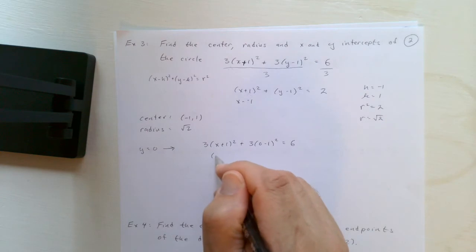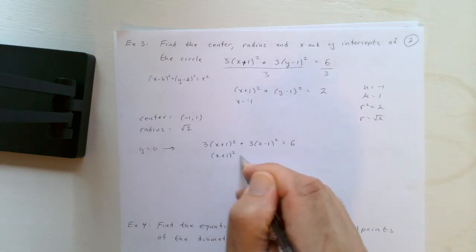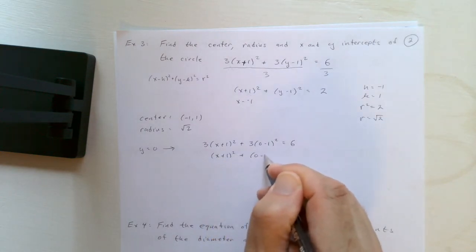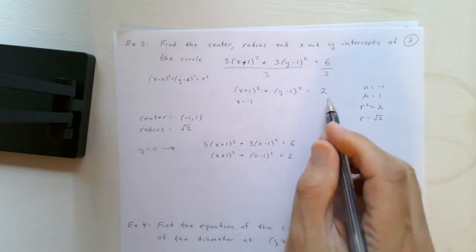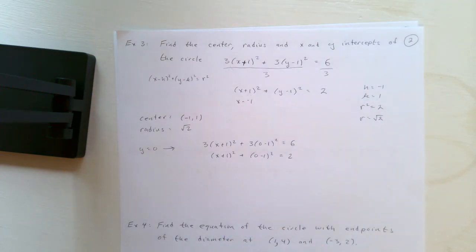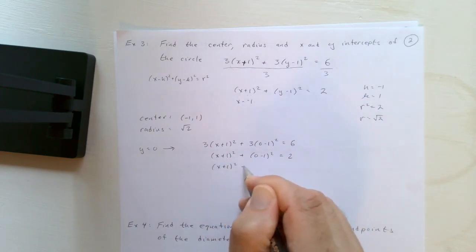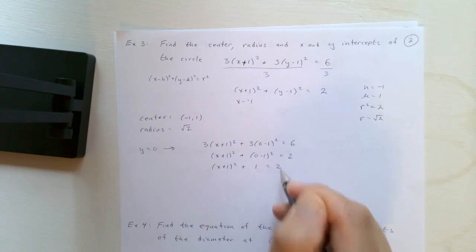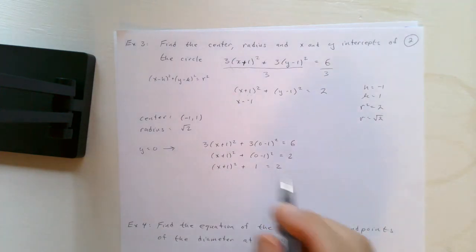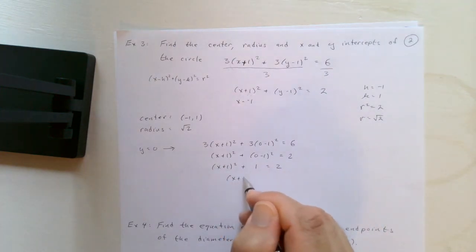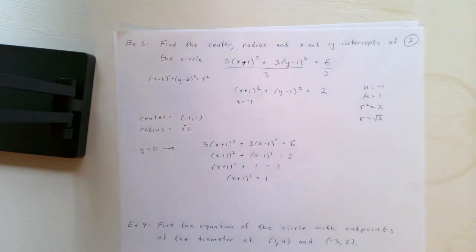Either way, we get (x plus 1) squared plus (0 minus 1) squared equals 2. And negative 1 squared is 1, so this is going to be (x plus 1) squared plus 1 equals 2. We can subtract 1 from both sides, and we get (x plus 1) squared equals 1.